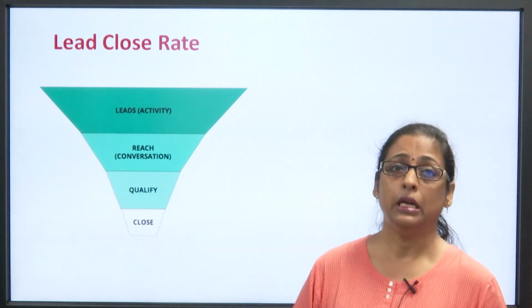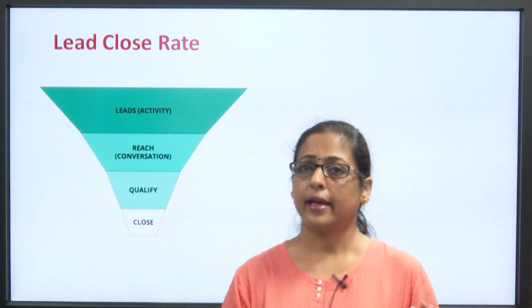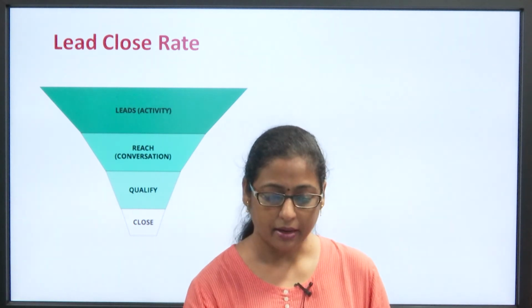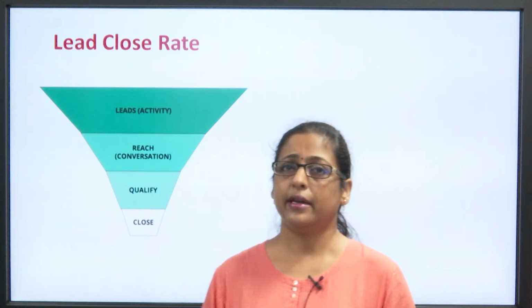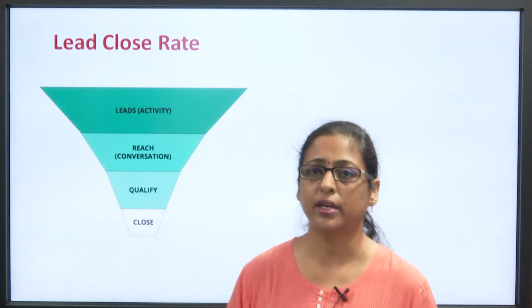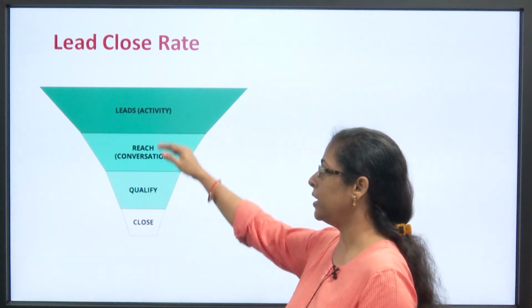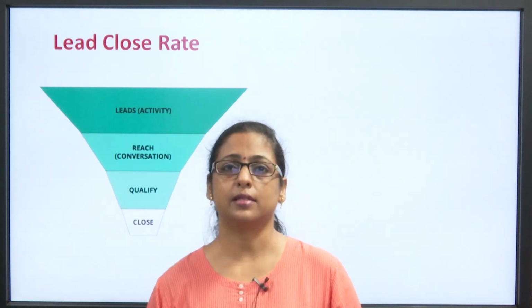Then we have lead close rate. Lead close rate is unlike the previous one, unlike the conversion rate, because in lead close rate we try to find out the ratio of the total converted leads, that means the total closed leads, from the total amount of leads that exist.